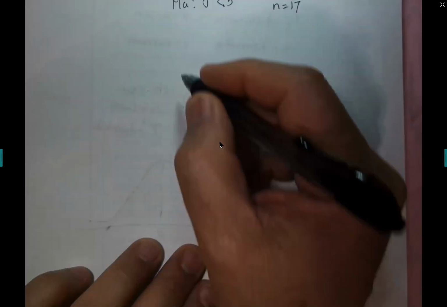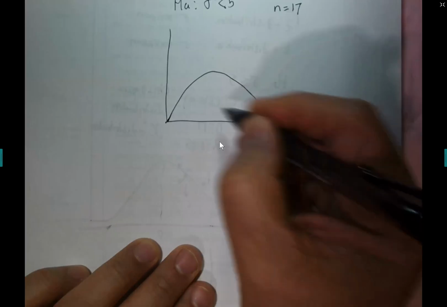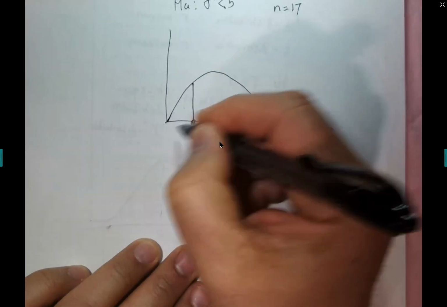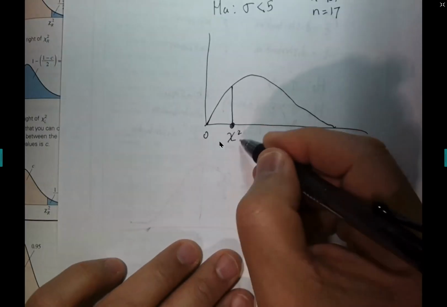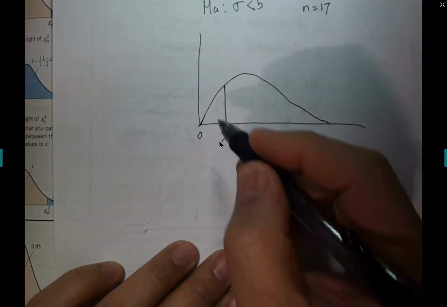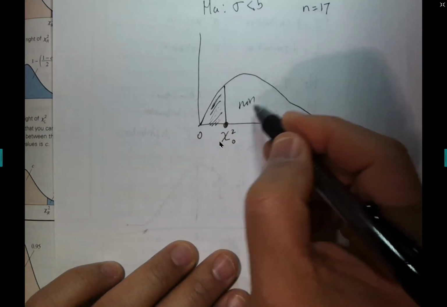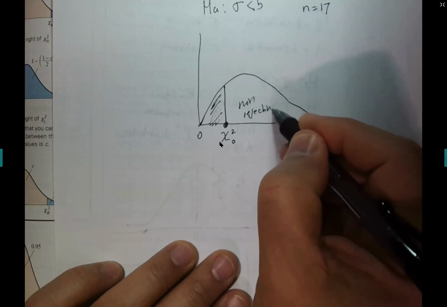And how do you sketch the critical value? Just sketch it like that. This is the 0. This is the critical value. And we sketch it like this. This one will be the rejection region of the null hypothesis, and this will be the non-rejection region of the null hypothesis.